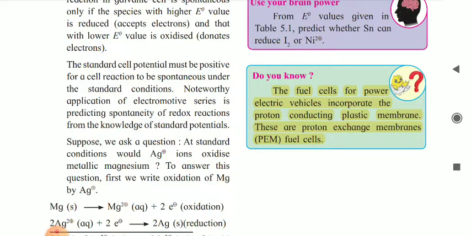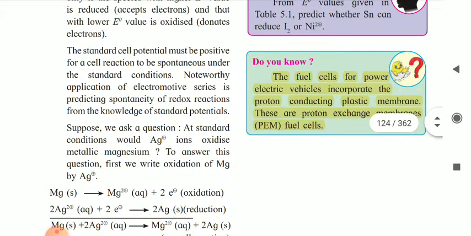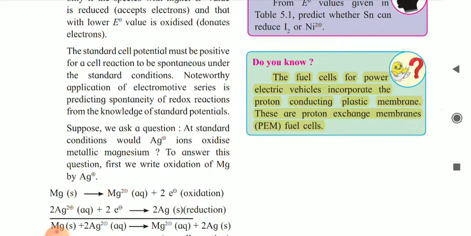Some questions may be asked in your theory exam, whether the given reaction, cell, or species in the specific reaction is spontaneous or not. So this is a very important point. The application of the electromotive series is predicting the spontaneity of redox reactions from knowing the values of standard potentials.